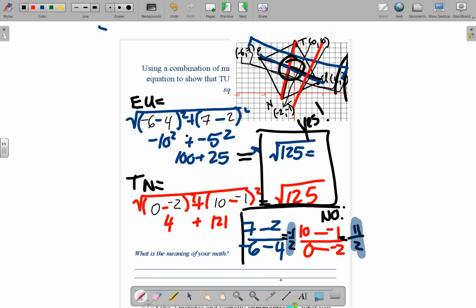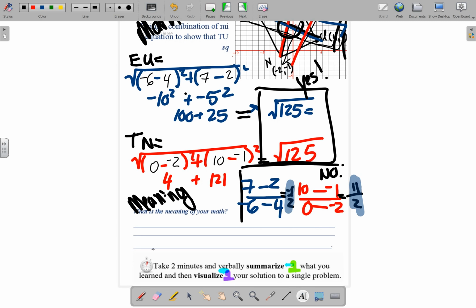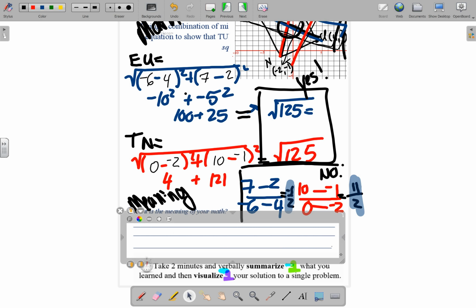So now we summarize. This is all math. Then you have to show the meaning of your math. Math and meaning. I'm going to type this so I don't inflict my handwriting on you here. So remember, there's a positive and a negative.